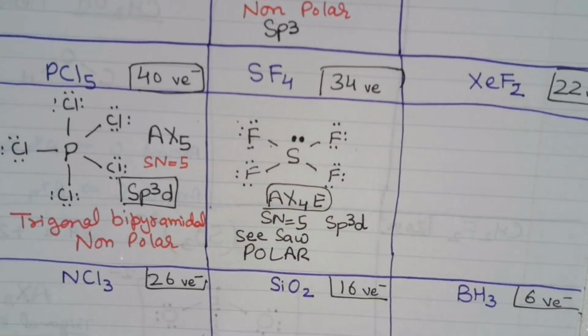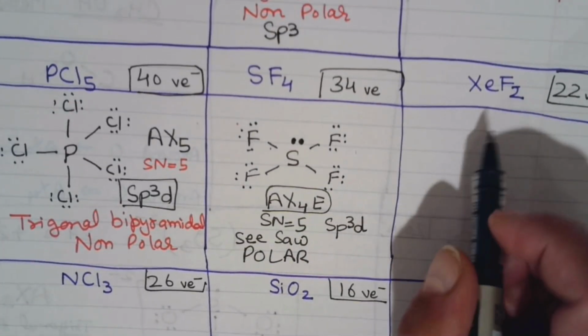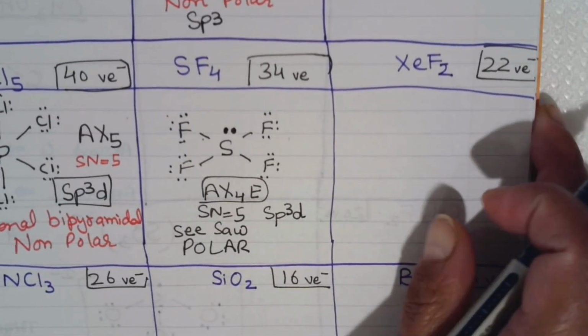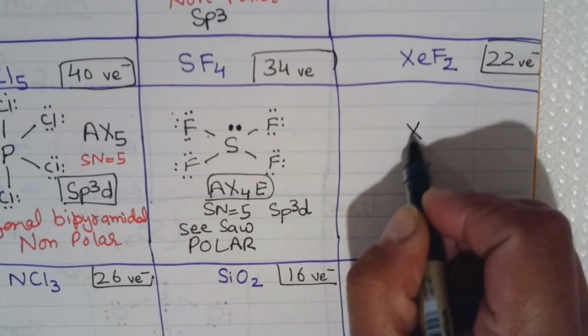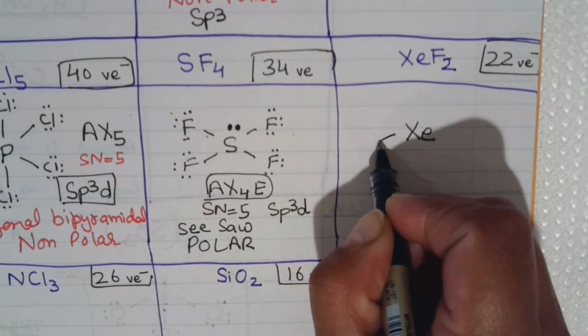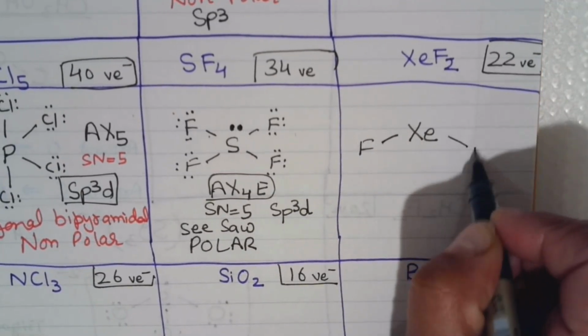Okay, now let's do another one, XeF2. There are 22 valence electrons, you can count. If I draw XeF2, this is how it looks.